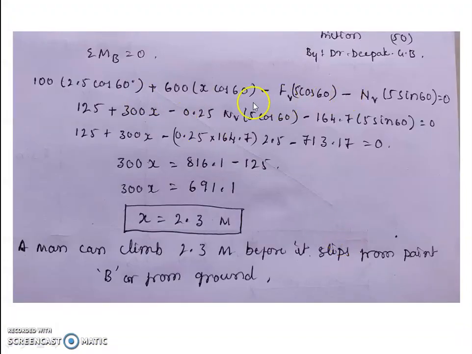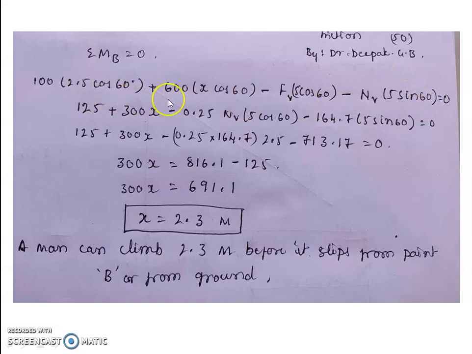Here it is represented. Force multiplied by perpendicular distance: this is the weight of the ladder, the weight of the person, this is the anti-clockwise friction, and this is due to the reaction at point A. This is the force multiplied by the perpendicular distance.